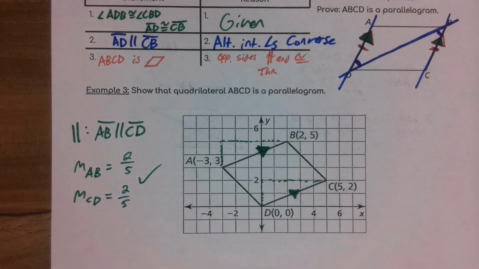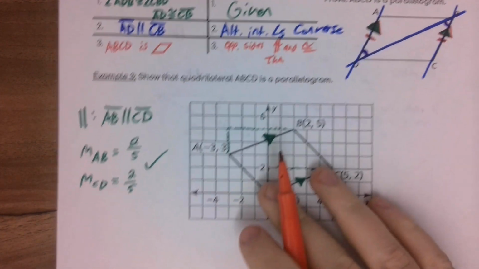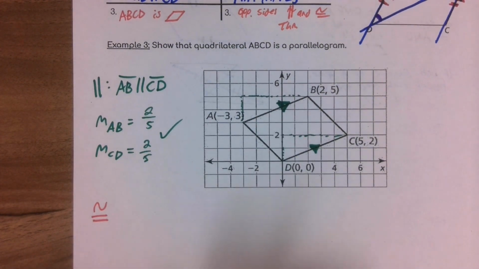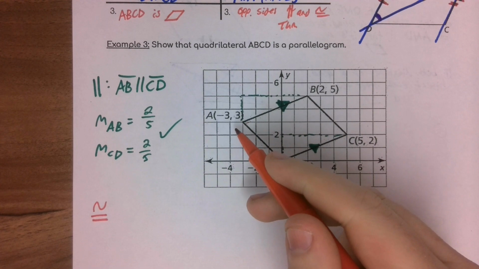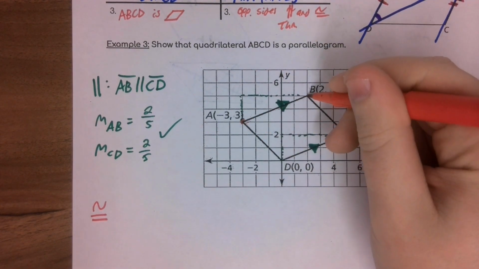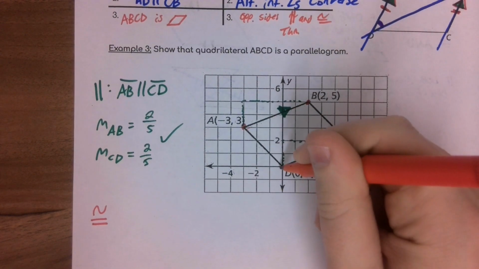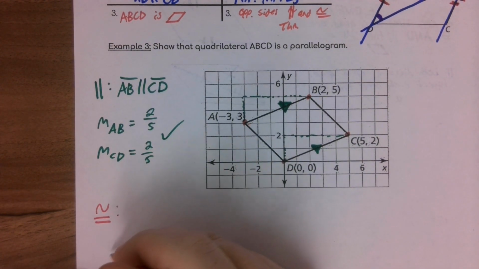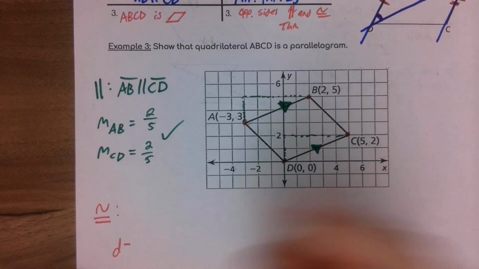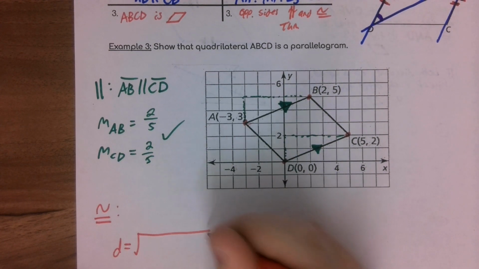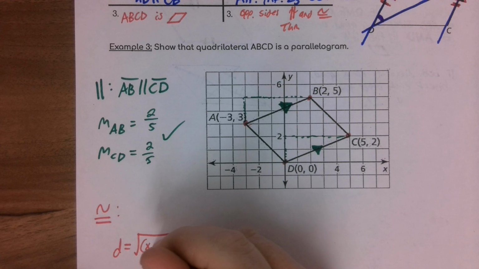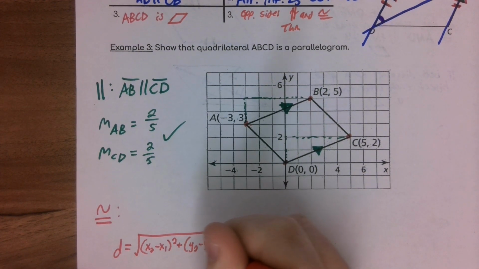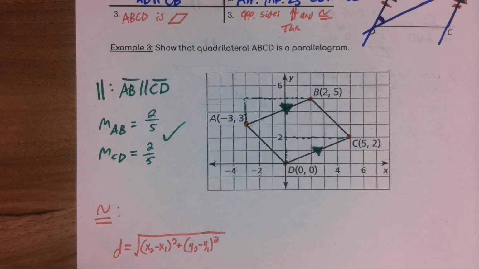How do we find that two sides are congruent? Well, we would need to show that their lengths are the same. In other words, the distance from A to B has to be the same as the distance from C to D. So we can use the distance formula. The distance between any two points is the square root of (x2 minus x1) squared plus (y2 minus y1) squared. Good.